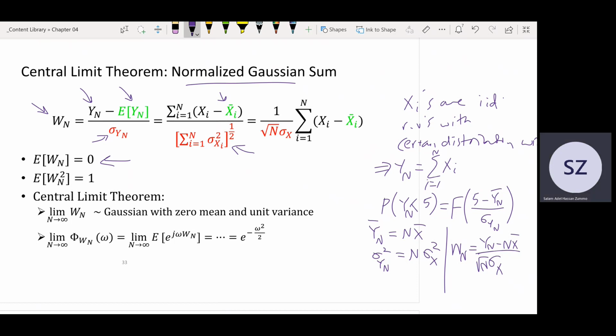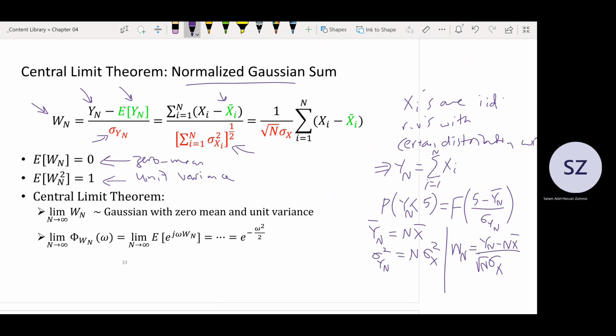So Wn has zero mean and unit variance. It's a normalized sum.